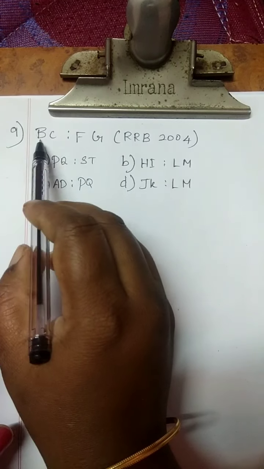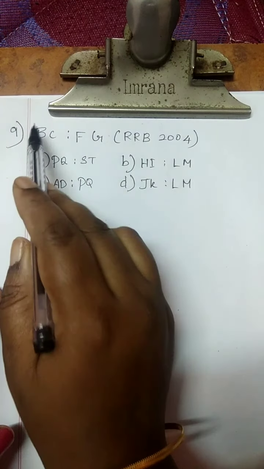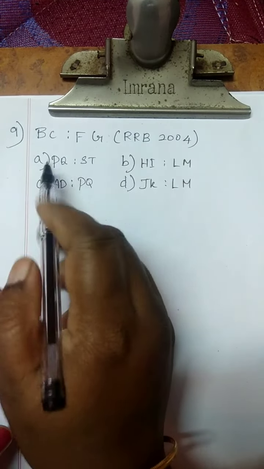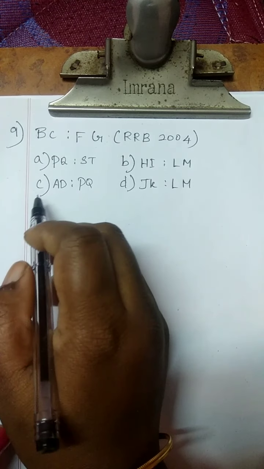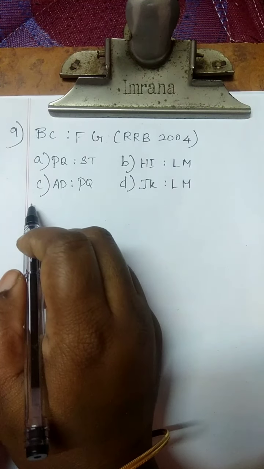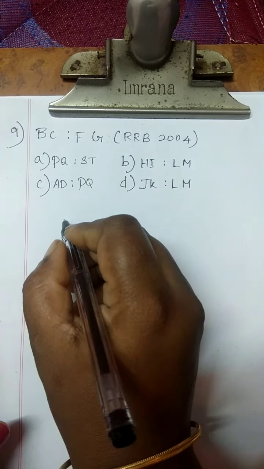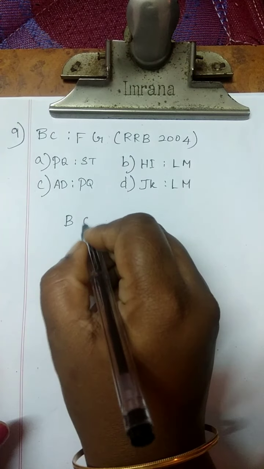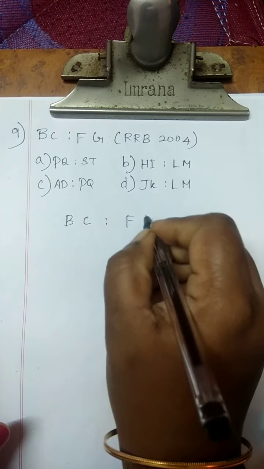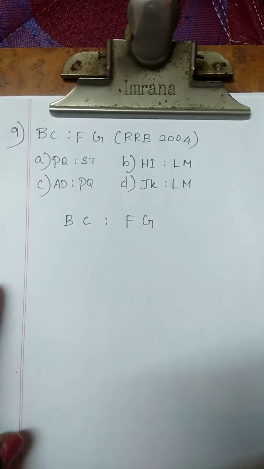So from this we have to find the clue. Using the clue we are going to find the answer. So now write B, C, hyphen, F, G. What's the clue here?